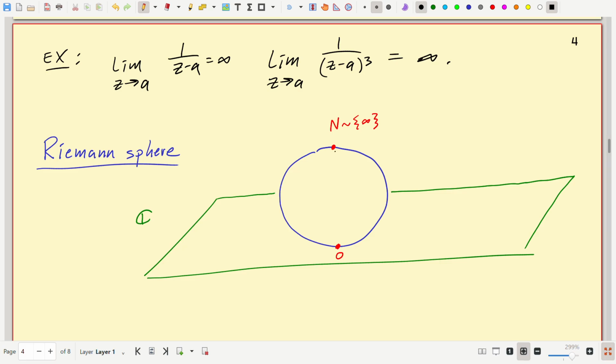So I take a line segment that pokes through the sphere, pokes out right there, and comes out and hits a point in the complex plane, z. That's called stereographic projection. And I'll call this z prime. z prime is on the sphere, and z is in the complex plane.